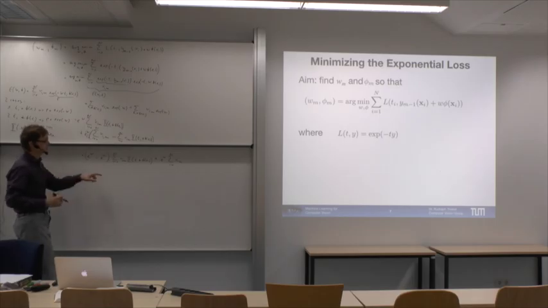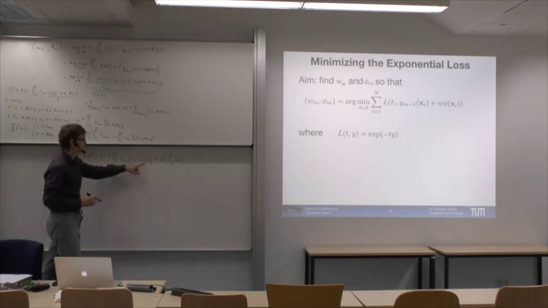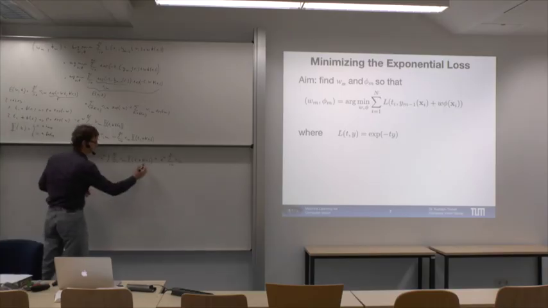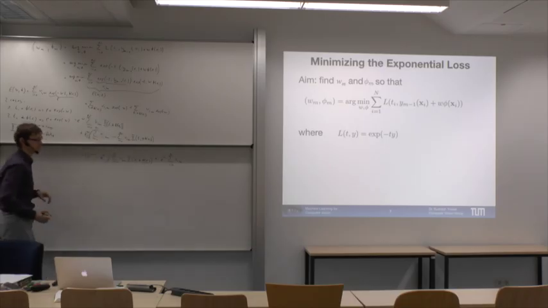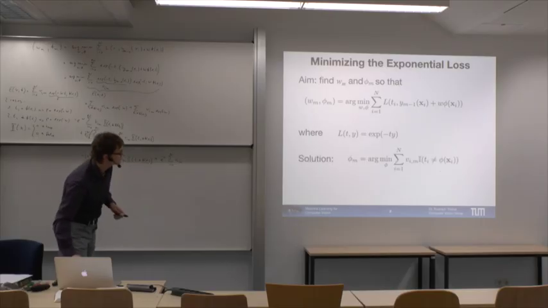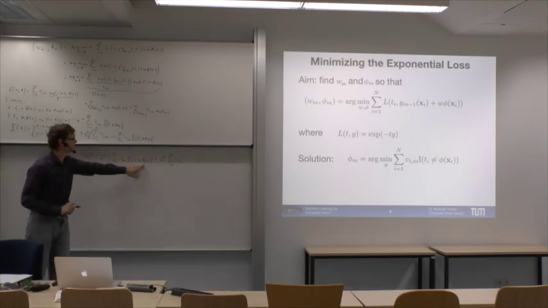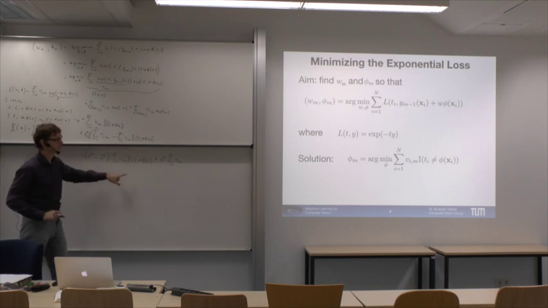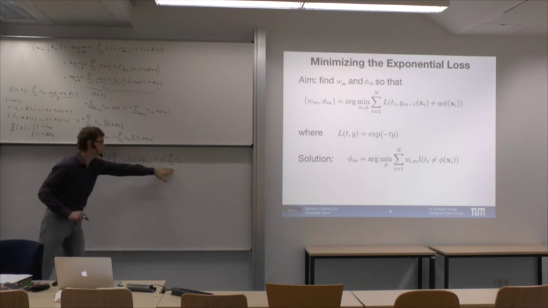What the algorithm does now is it finds a phi that minimizes this whole thing. We're not saying at the moment how it does it. First of all, we need to find a phi_m that minimizes this term here, because this part is independent of phi.